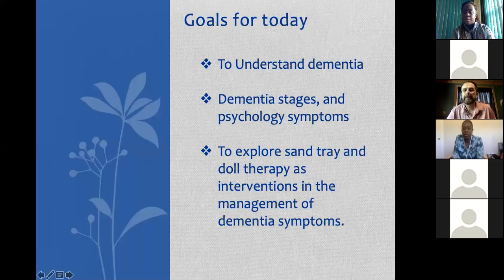So the goals today that we want to focus on is to understand dementia stages and the psychological symptoms. We want to explore Sandtray and doll therapy as interventions for the management of dementia symptoms.